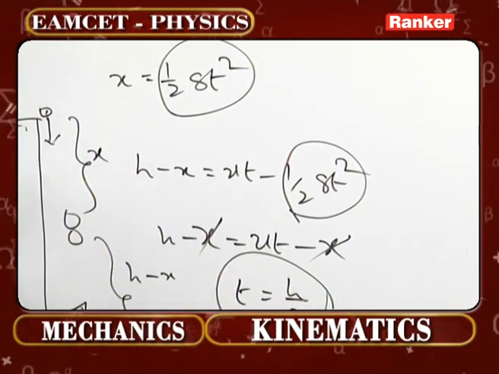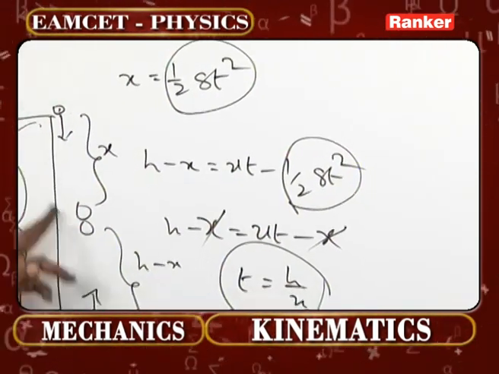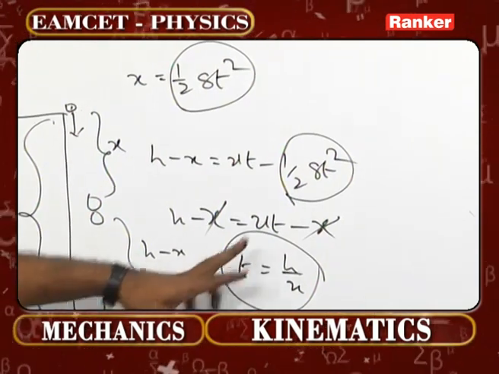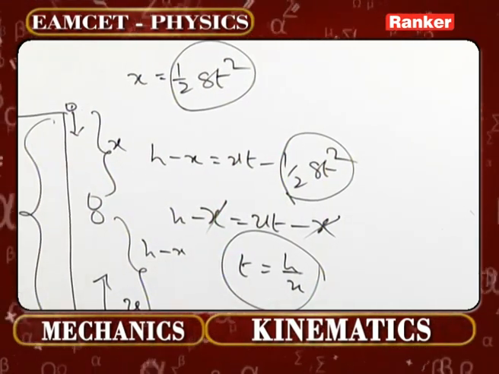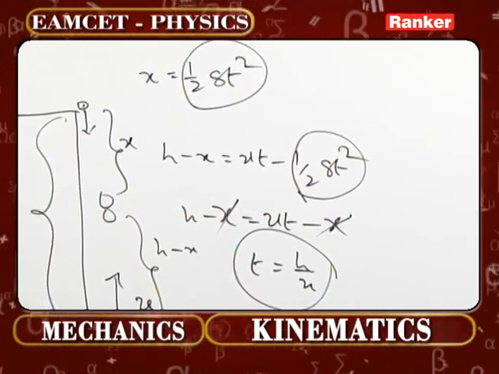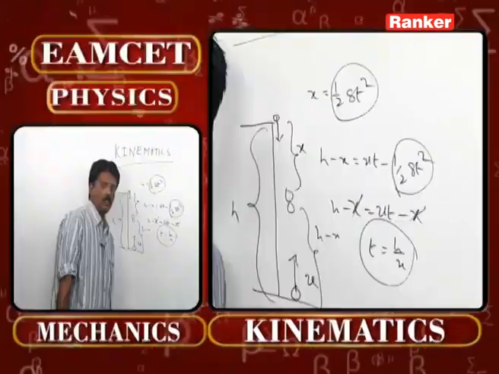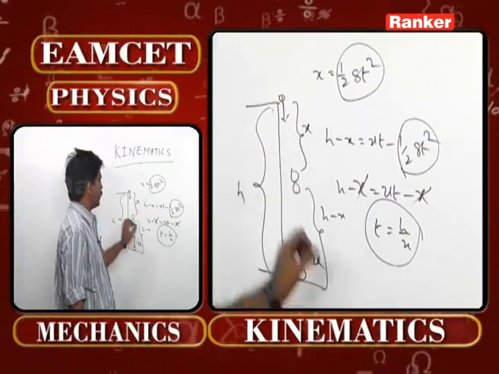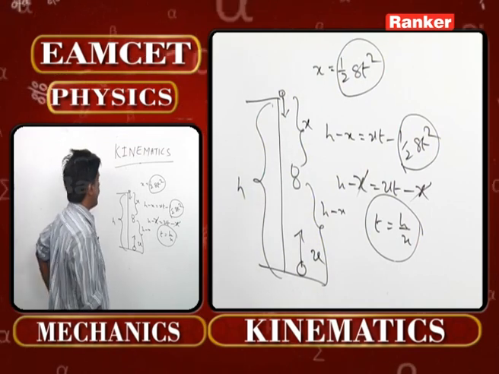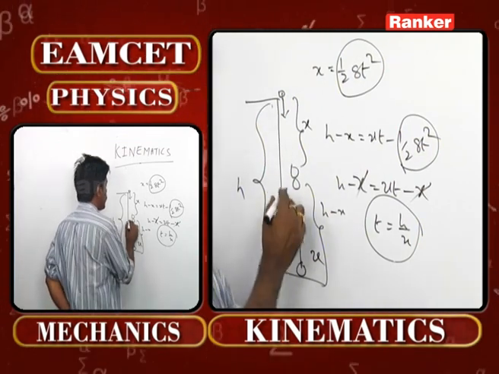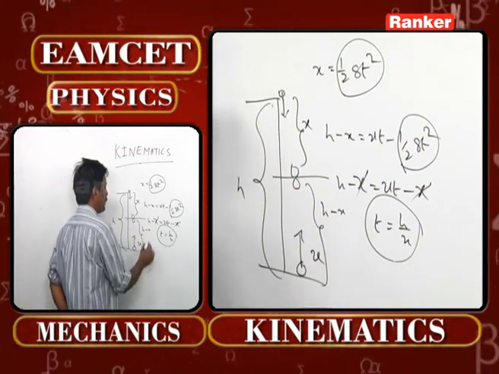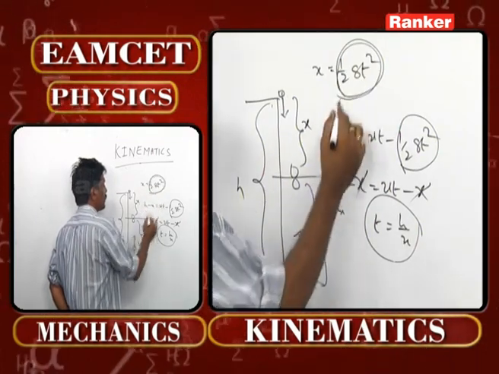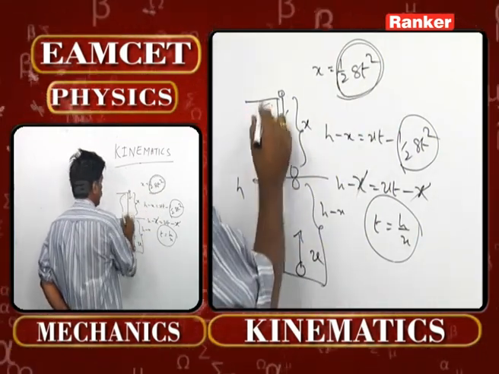That means the time taken for these two bodies to meet is equal to h/u, the total height divided by u. You can directly tell from this relation how much time they will take to meet. Now, at what height they will meet, which is equal to h - x, where x = (1/2)gt² we already know, and the total height we know.